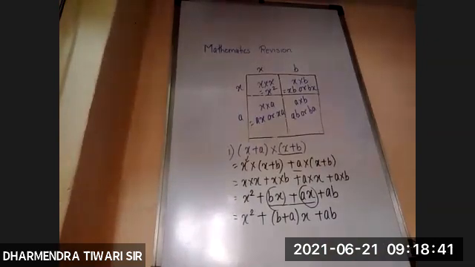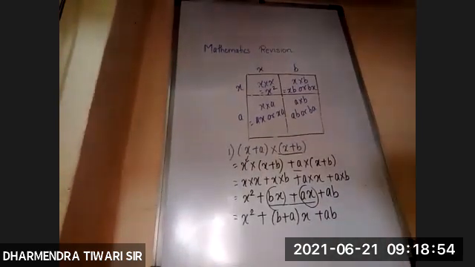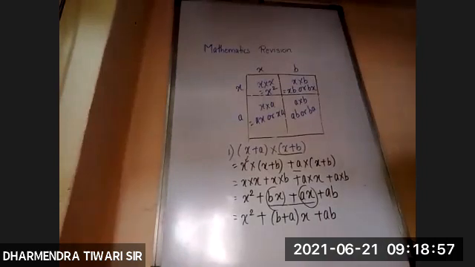Done. So this is the expansion of two different factors. This is the first one and the second one. When we get multiplied, we get the form of x square plus b plus a x plus ab.